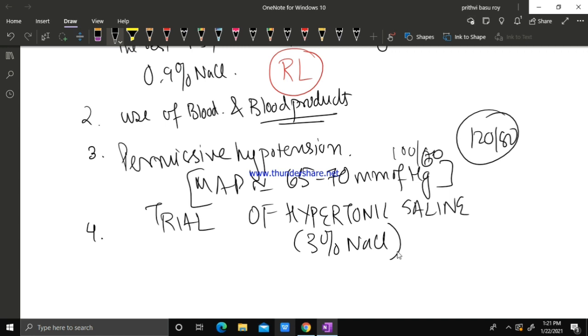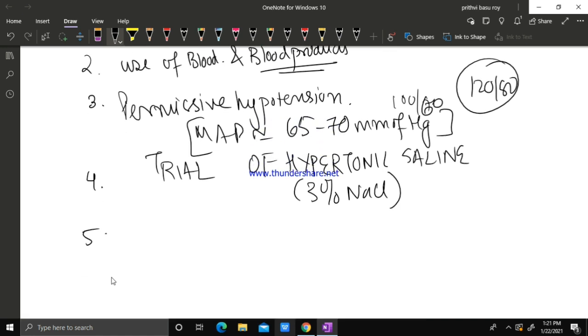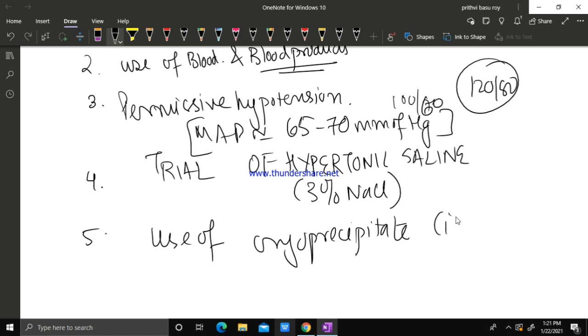So you have to give it slowly, and you have to give this trial of hypertonic saline, because it will correct the fluid shifts which are happening because of the shock. Now, use cryoprecipitate if it is required, because it has the coagulation factors.